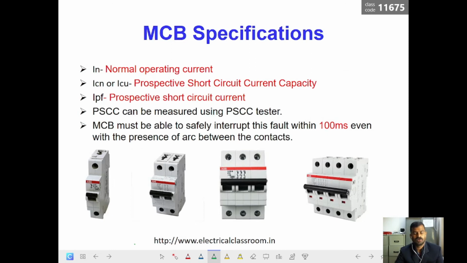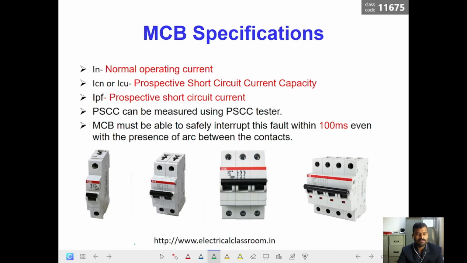Right. So what are the specifications for this MCB? Usually we use these three terms: IN, ICN, and IPF. IN will be mentioned on any MCB, and it is nothing but the normal operating current.